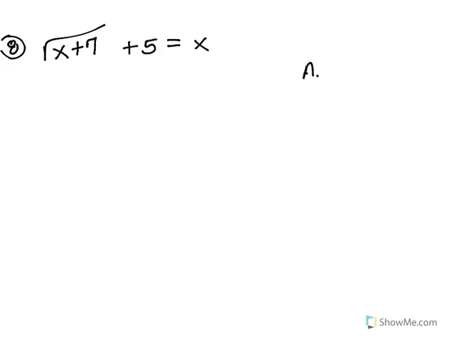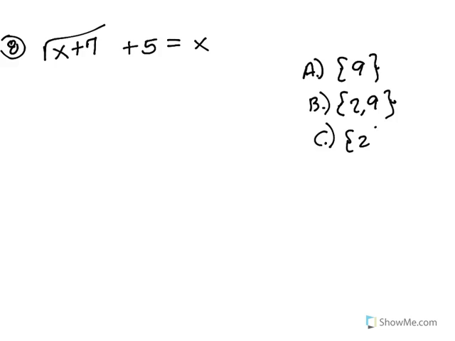So the answer choices that they give are going to be 9, 2 and 9, 2, and 9 and 18. So 9 is down there a couple times, so I would try 9.